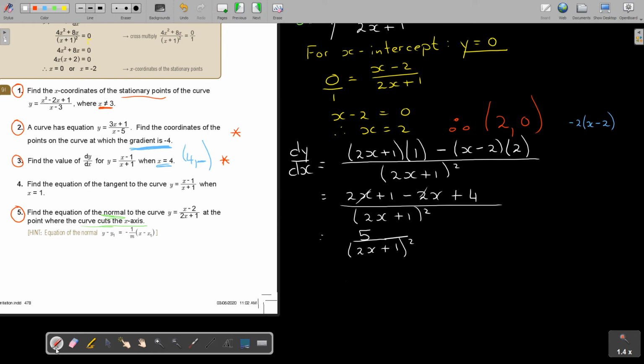Okay, so basically I'm going to find the gradient of the normal. Now I want to show you the gradient. I must substitute the x value in. Now what is the x value? It's 2. So when x is 2, then dy/dx will be 5 over (2(2) + 1) squared.